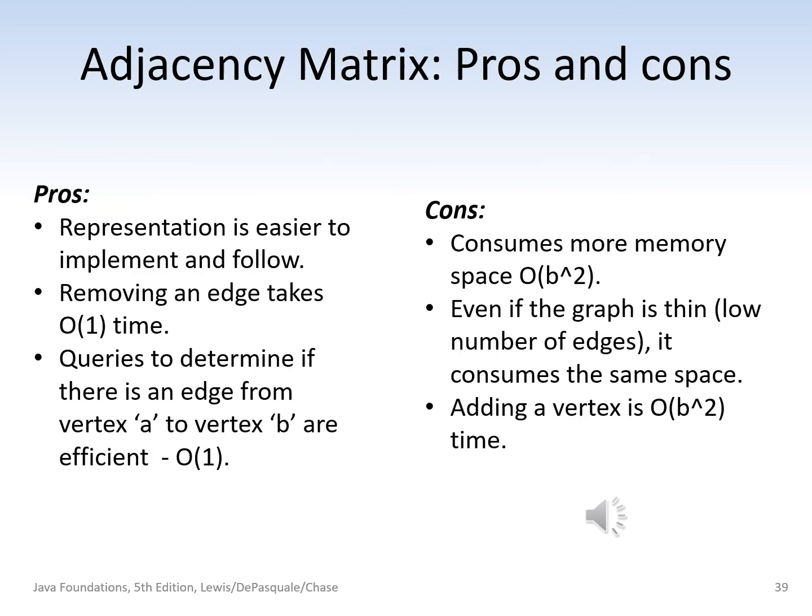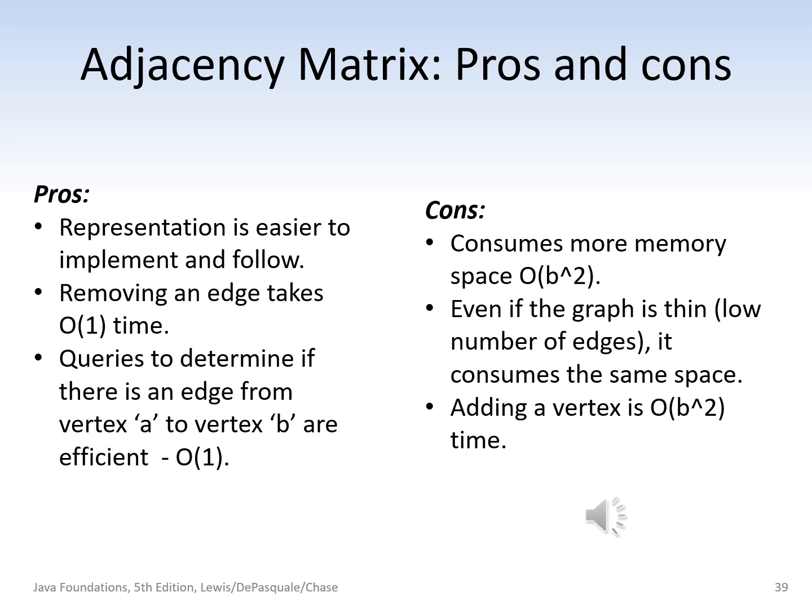There are pros and cons to using an adjacency matrix versus an adjacency list. Let's go over the pros and cons. Pros: they are easier to implement, and the representation is easier to follow. Removing an edge takes O of 1 time. And queries to determine if there's an edge from vertex A to vertex B are very efficient, O of 1.